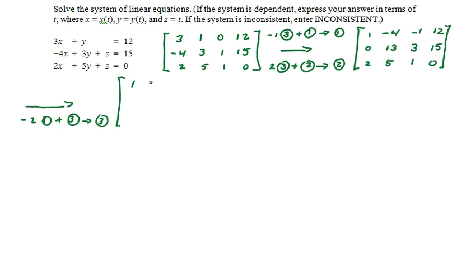So 1, -4, -1, 12; 0, 13, 3, 15; 0, 13, 3, 24. 8 plus 5 would be 13. 2 plus 1 would be 3. And 24 plus 0 would be 24.